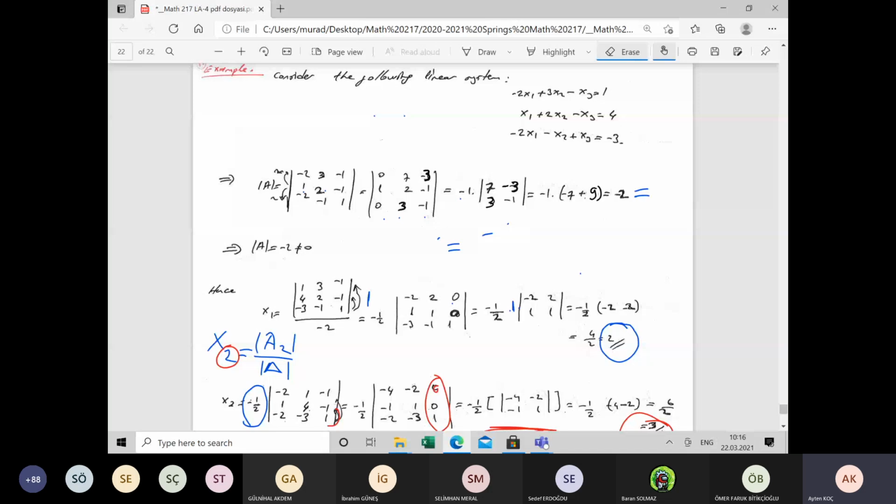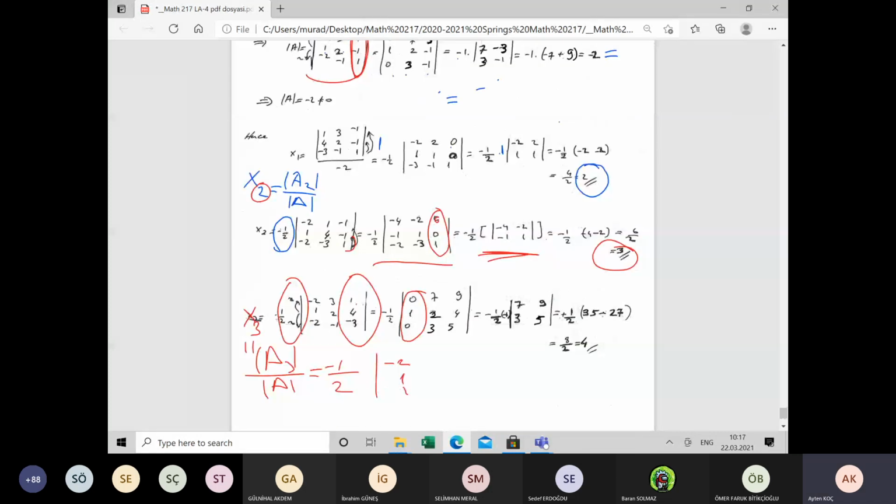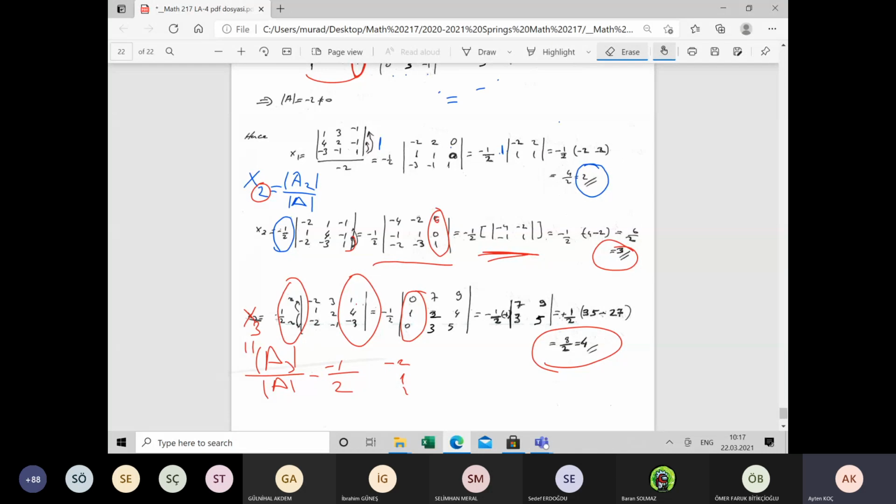For x3, right hand side should be third column. 1, 4, minus 3. And yes, we obtain this one. The result of the unknowns. X3 is 4.